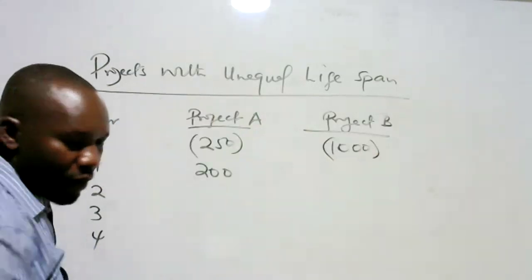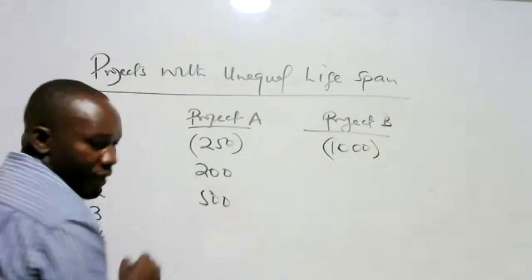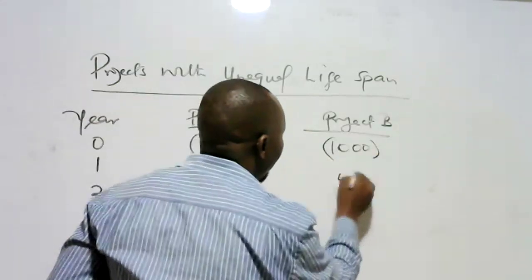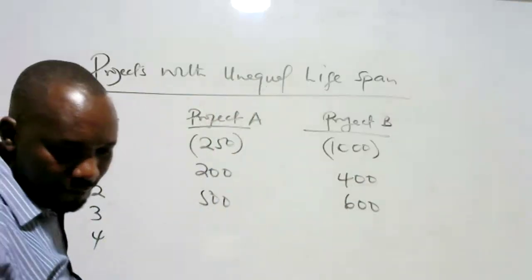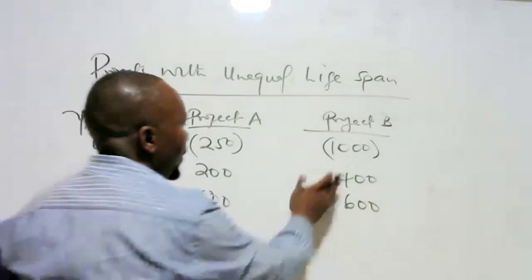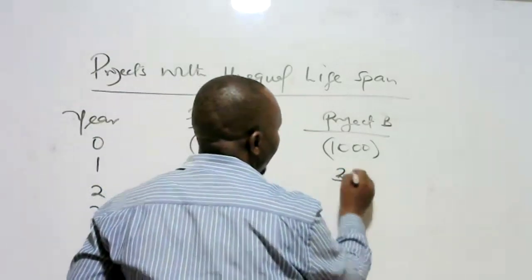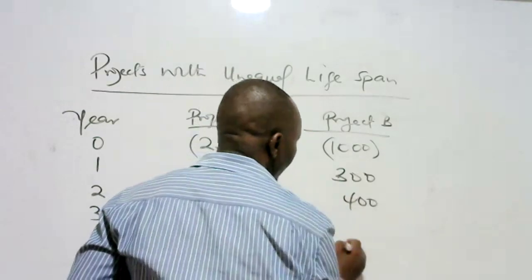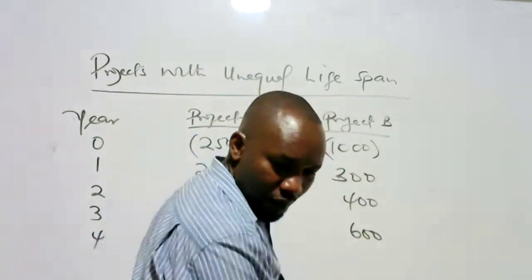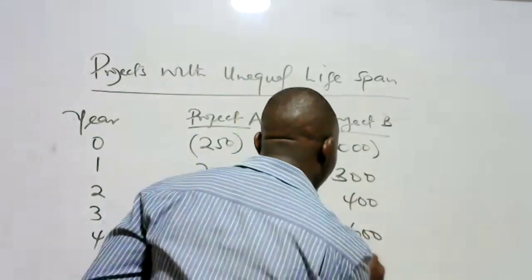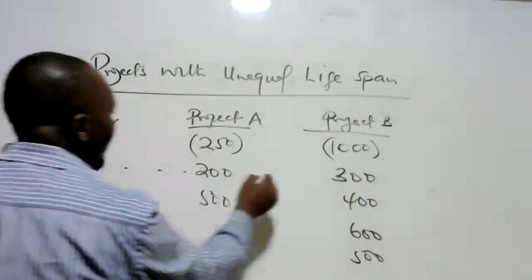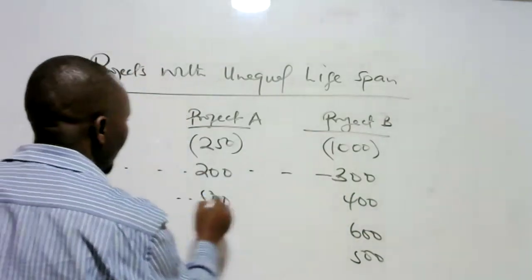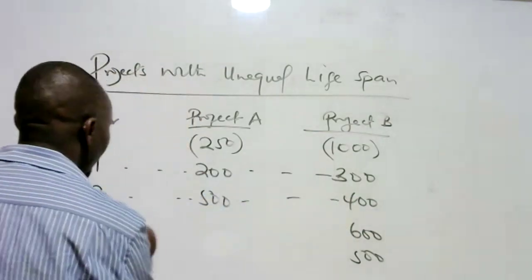Then in year 1 we have 200, and here 500. Here we have 400, 600. Then 300, 400, 600. And then we have 500. I hope that you can see that line.